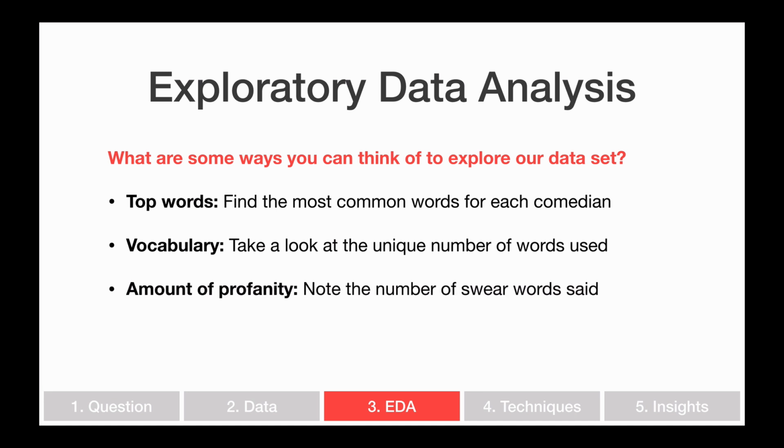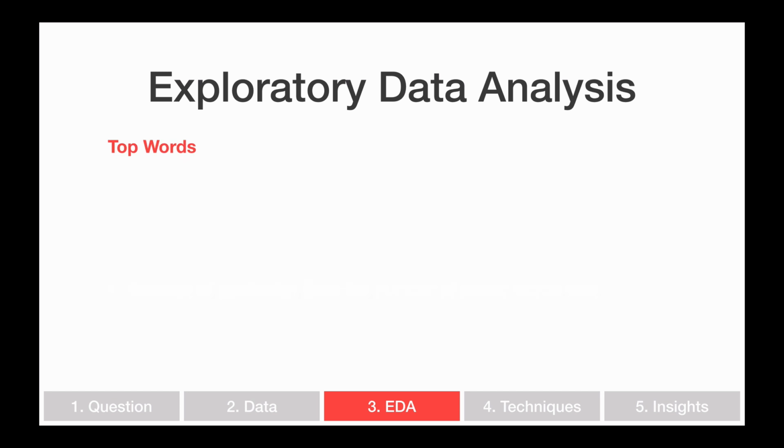And finally, I'm going to look at the amount of profanity. So originally when I was doing this analysis, I didn't think that profanity would be such a big part of stand-up comedians and their routines, but it did end up being a big part, which is why I've included it here. Okay, so let's go through the steps of how to do EDA for each of these questions.